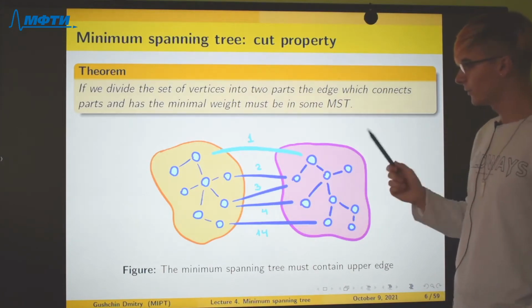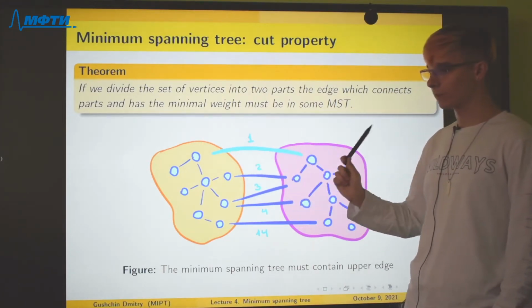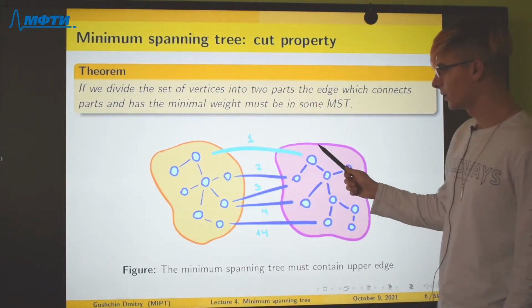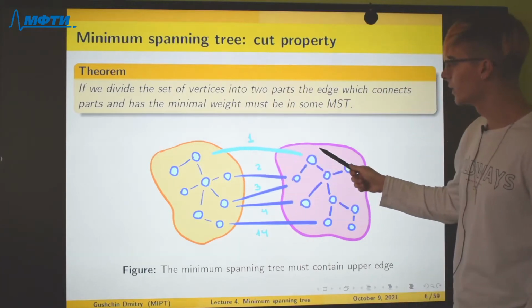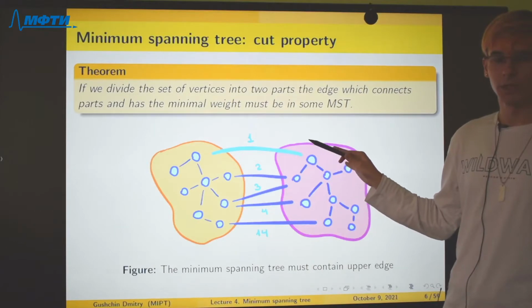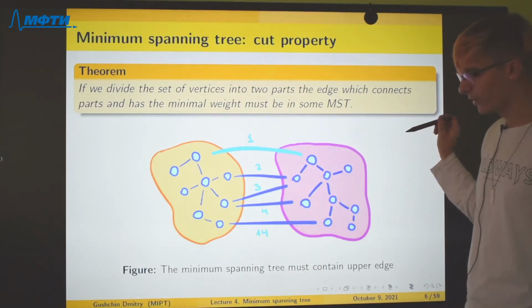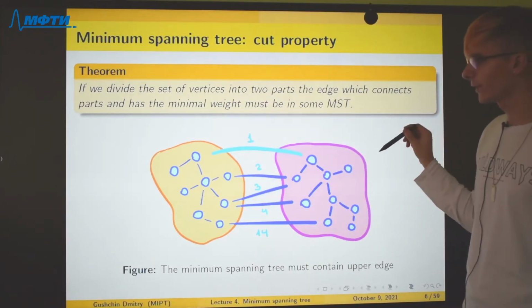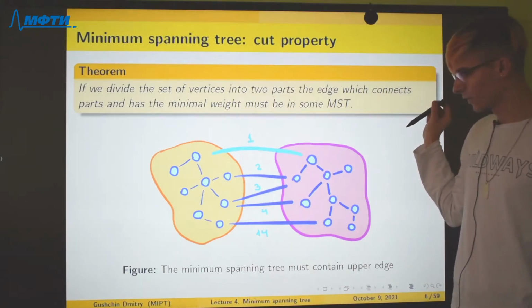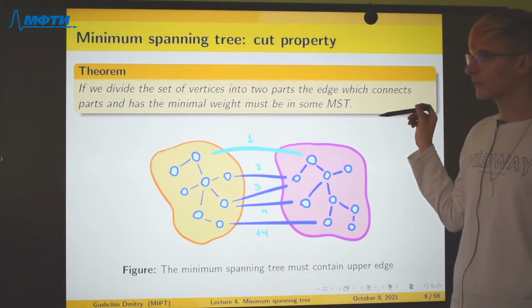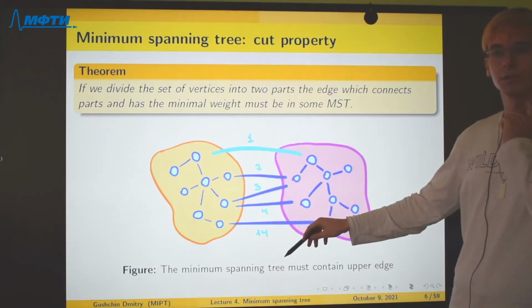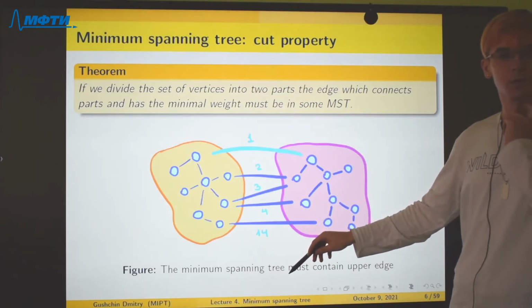Then if we find the minimum edge, it will be in some minimal spanning tree in this graph. It is very important for today's algorithm that this theorem is true. Do I need to give an example to understand why it is true in the general case? Okay.